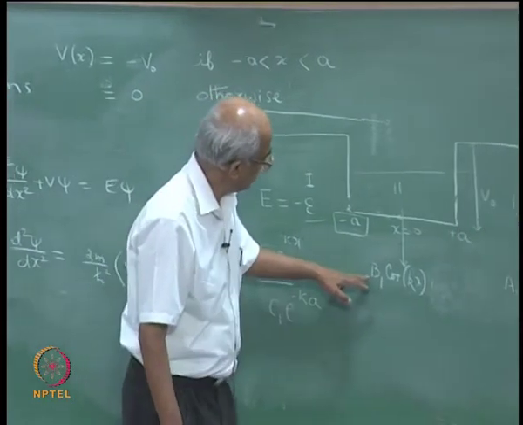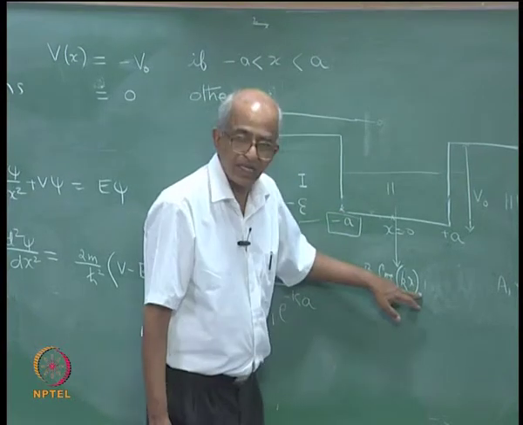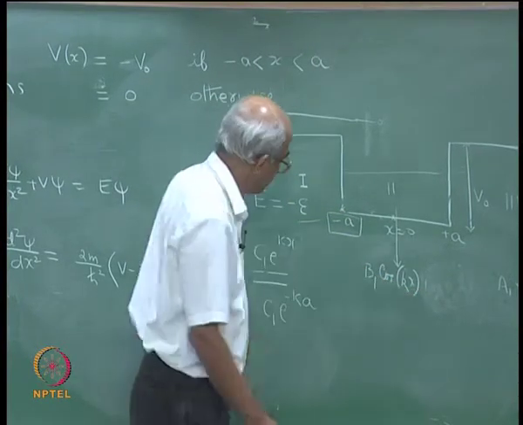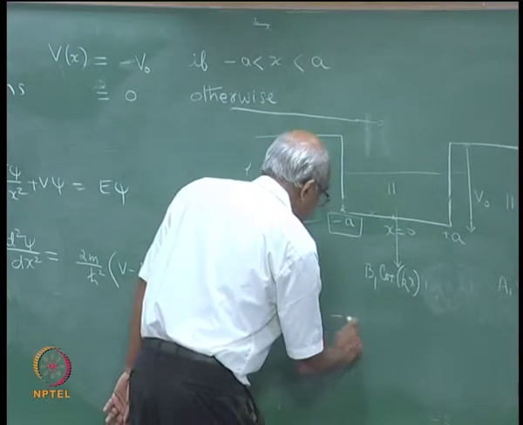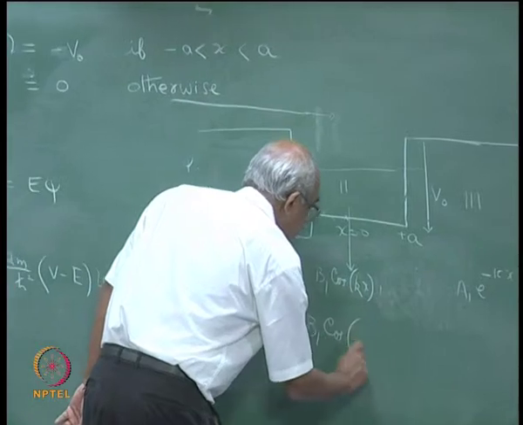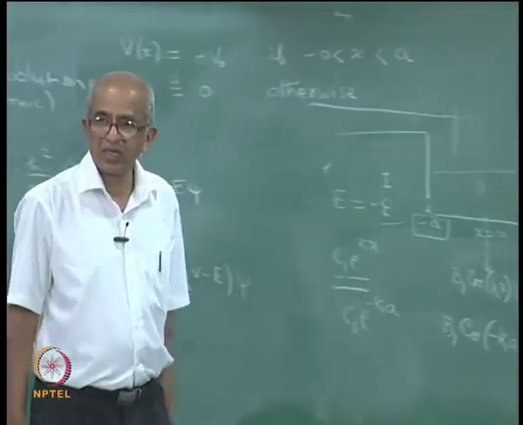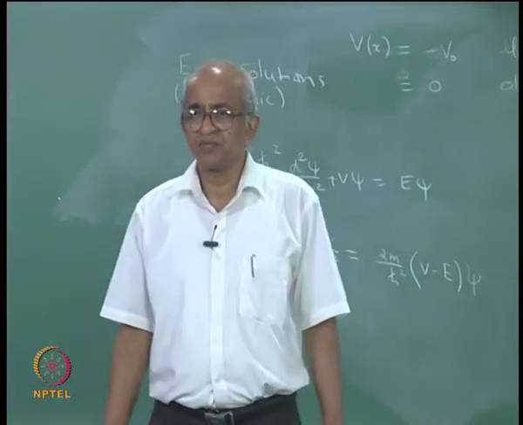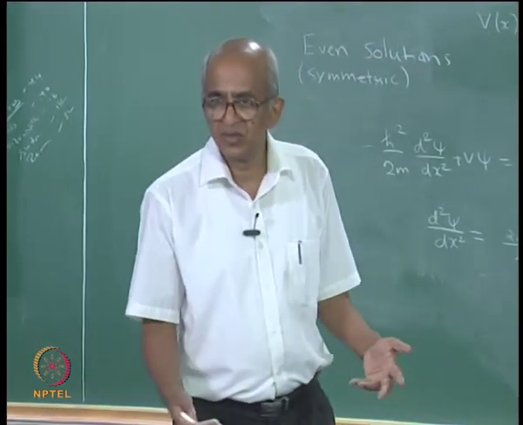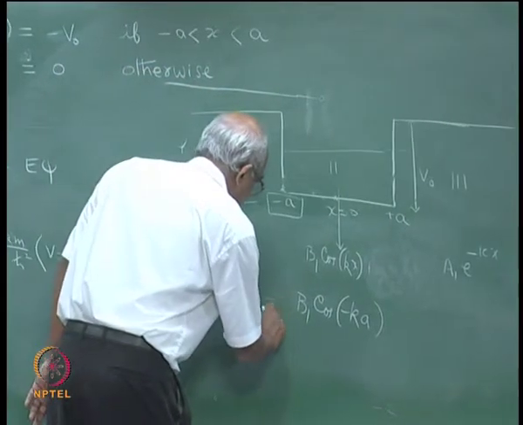And what is the value of the wave function at this point evaluated using that expression? It will be equal to B1 cos minus Ka, and the two have to be equal. And so, you get this equal to that.